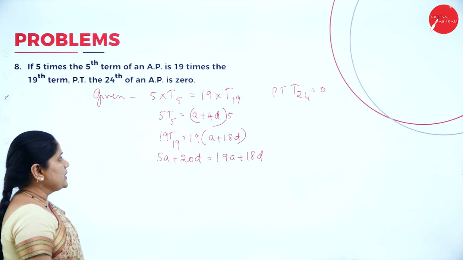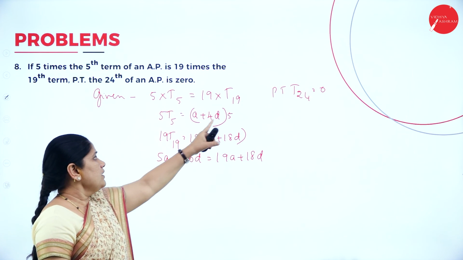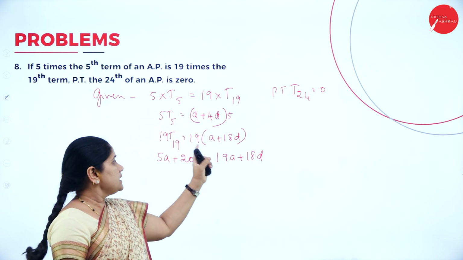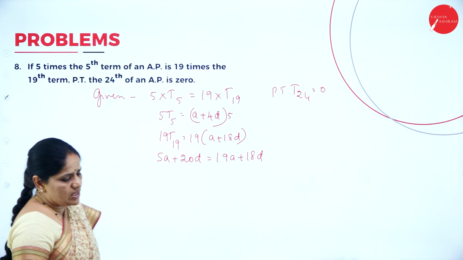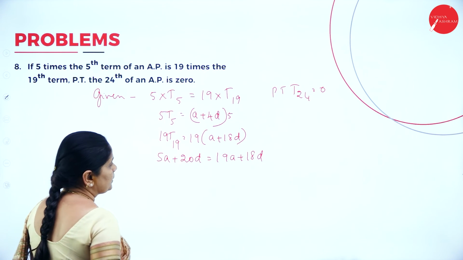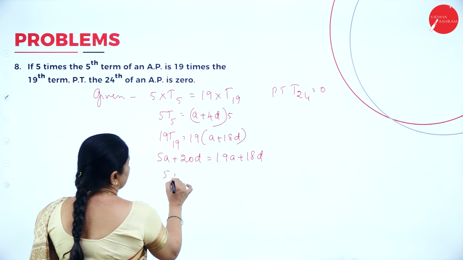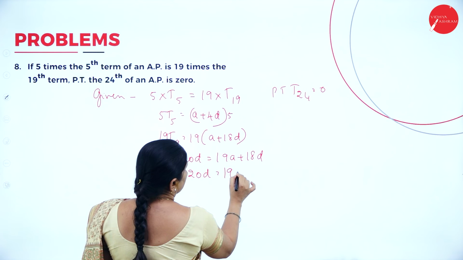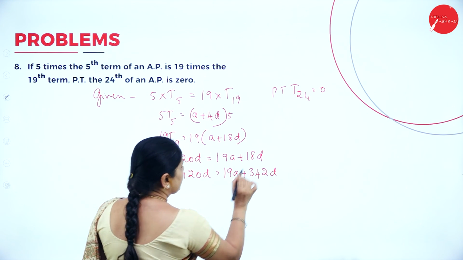So we have an equation here. When I multiply this, 5 into A, 5A, 5 into 4, 20D. 19 into A, 19A plus 19 into 18. So what is the answer? 19 into 18 will be 342D. So 5A plus 20D equals 19A plus 342D.